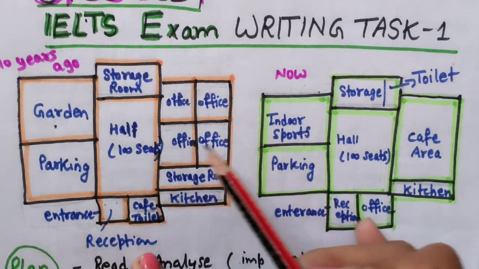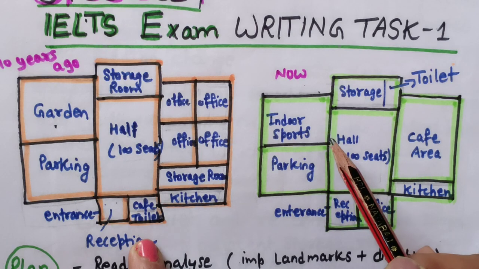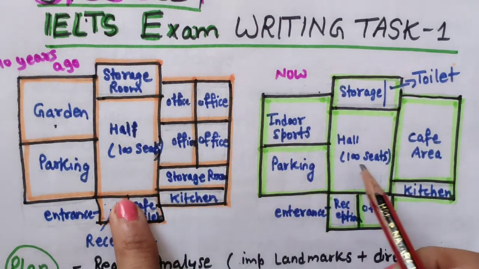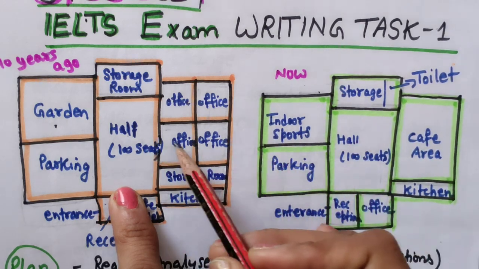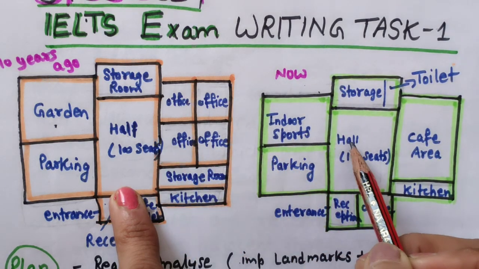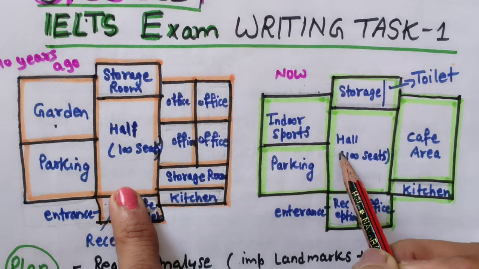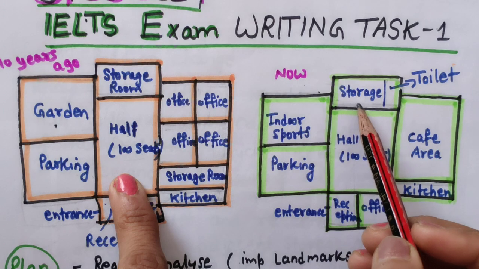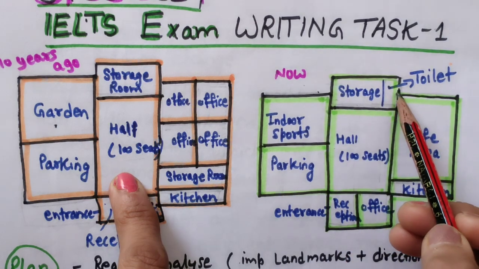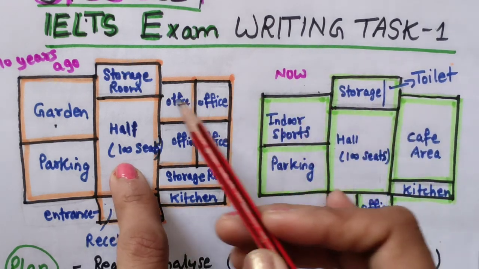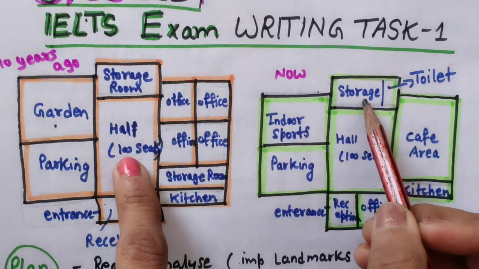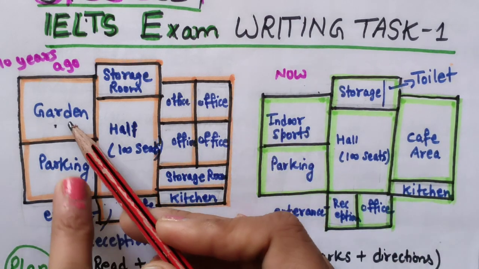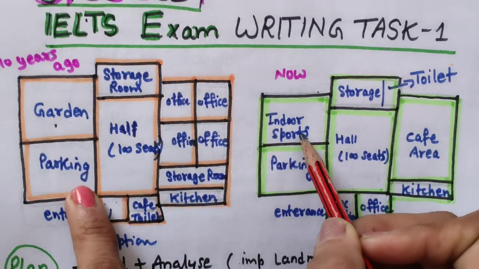Now let's look at the changes. Let's compare the two maps. Hall, 100 seats, same. The drawing may differ, but they have not done anything to the hall. Storage room, same, but they have added a toilet. It means they have shrunk the storage space and created a toilet there. Instead of the garden they have developed indoor sports.